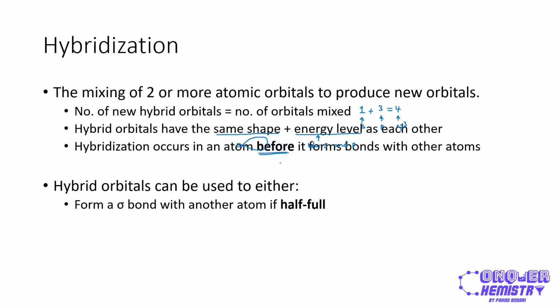We saw four hybrid orbitals in the sp3 hybridization process that were all half full. All of them were used to form sigma bonds. So there were four sigma bonds between the four sp3 hybrid orbitals of carbon and the s orbitals of the hydrogen atoms. And they can carry a lone pair if they are completely full. We'll see an example in the next molecule.